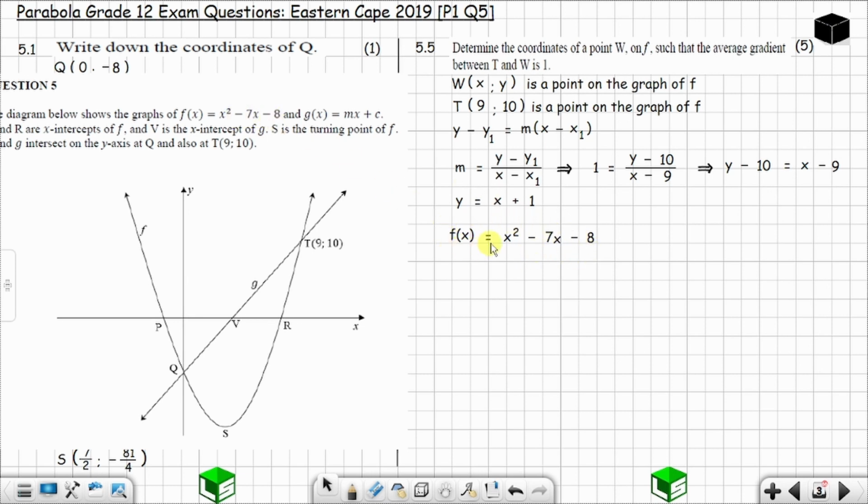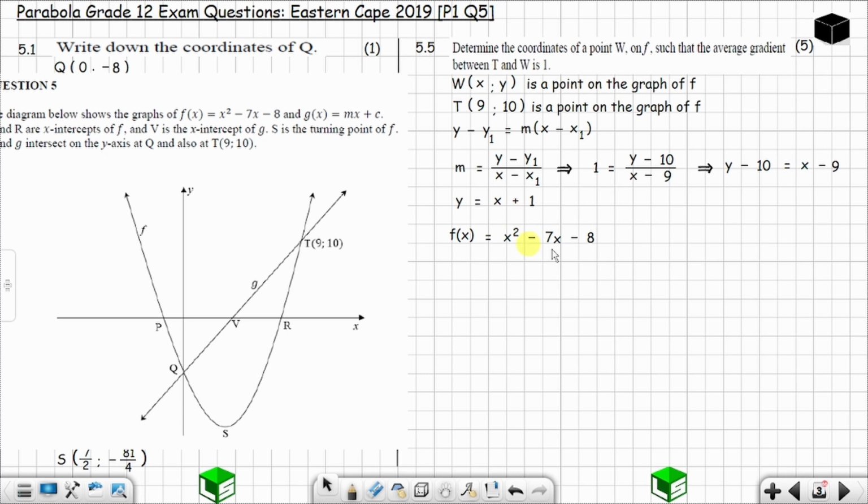This is the equation of this parabola. You have the point T, and the point W is also on the graph of f, but we don't know where it is. So we are going to equate the two equations, the equation of the graph of f and the equation of that line, to find the coordinates of the point W. So let's do that.